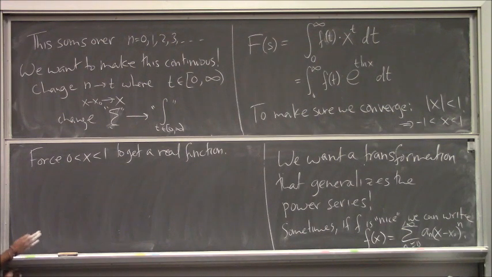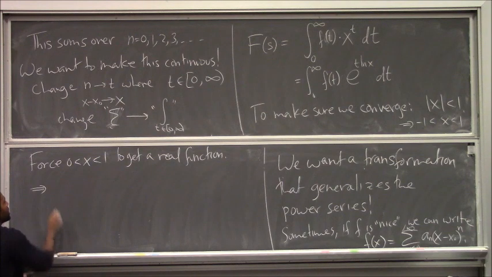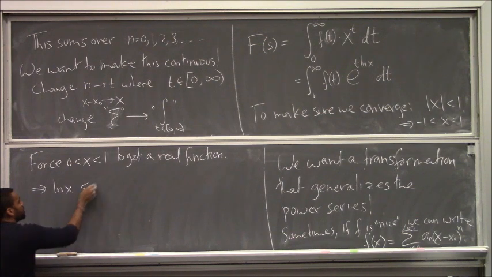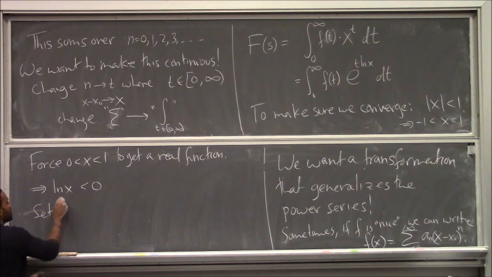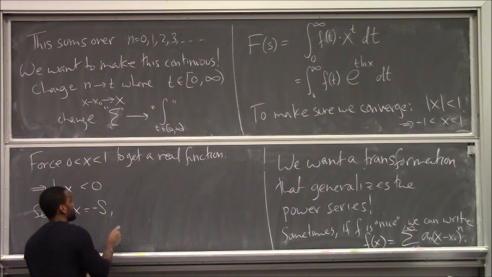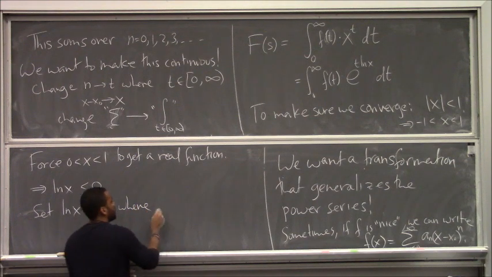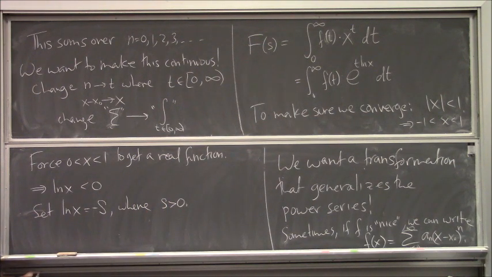You could actually generalize this to the complex case, but we're not going to do that. And then, what can you tell me about ln of x if my x is between 0 and 1? It's negative. So what I'm going to do is set ln x equal to negative s, where s is positive, right? So I'm just going to think of the ln of x as some negative number.